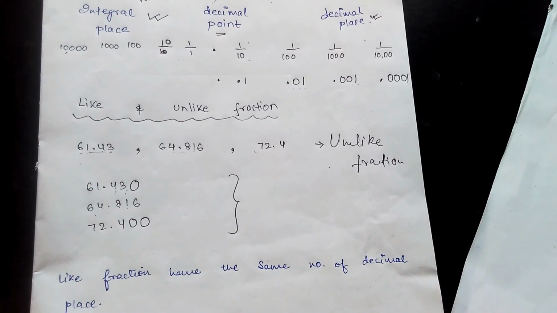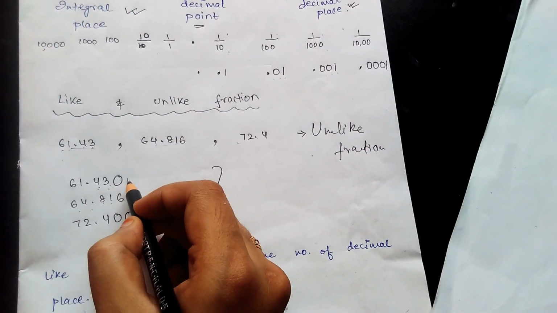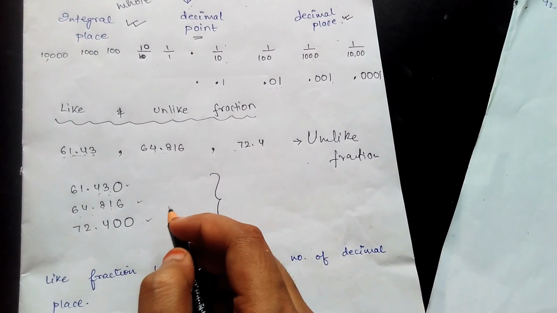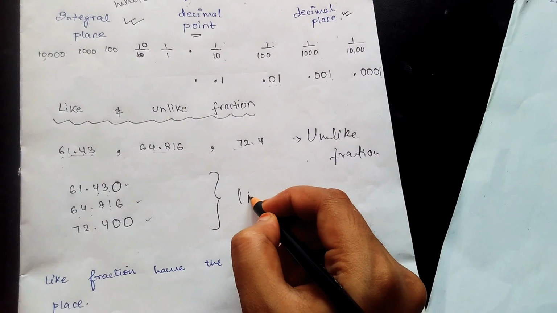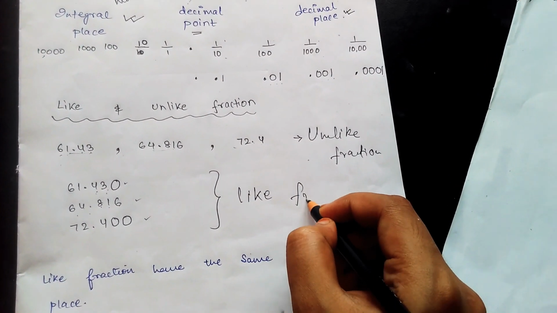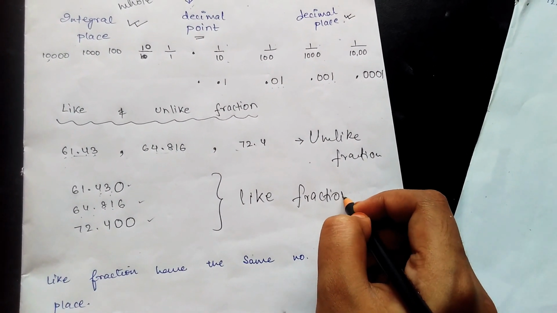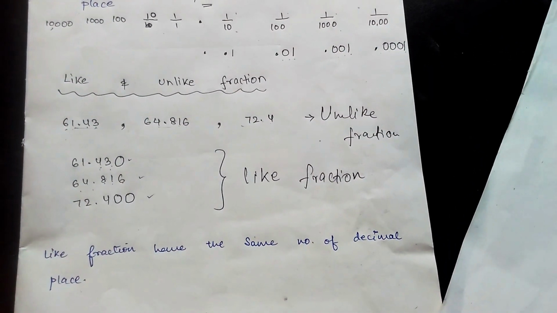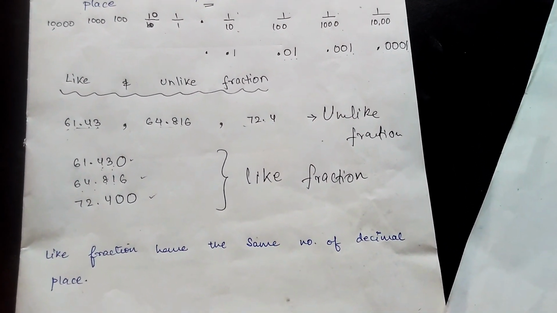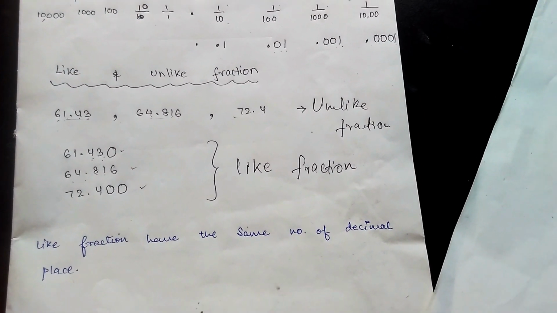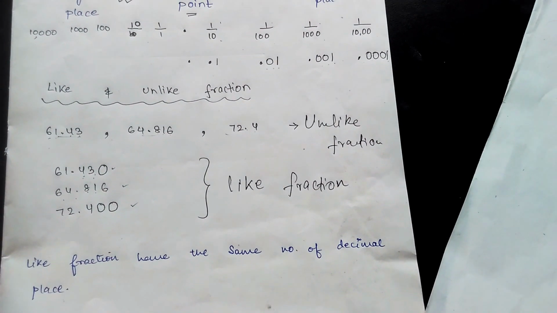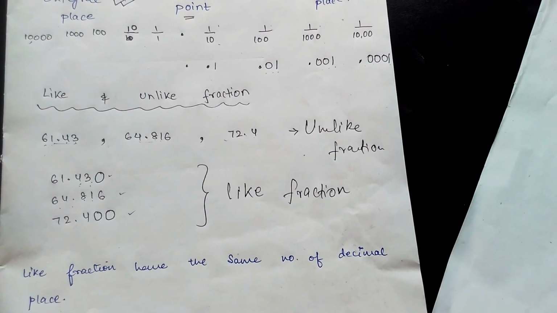Simple. So here also we have 3 decimal places, here also, and here also. So these are the like fractions. Understood the difference between like and unlike fractions? Like fractions are those which have the same number of decimal places, and unlike are those which do not have the same number of decimal places.